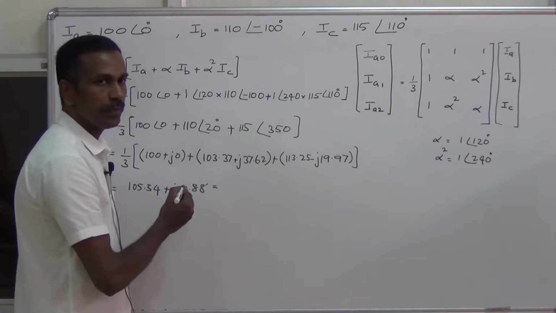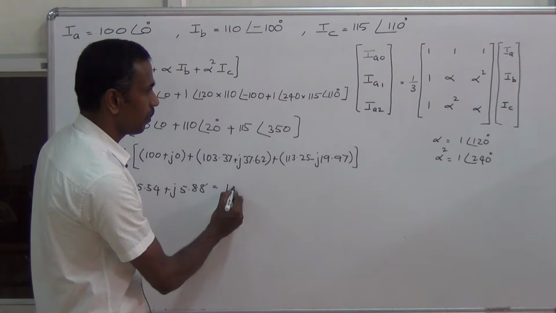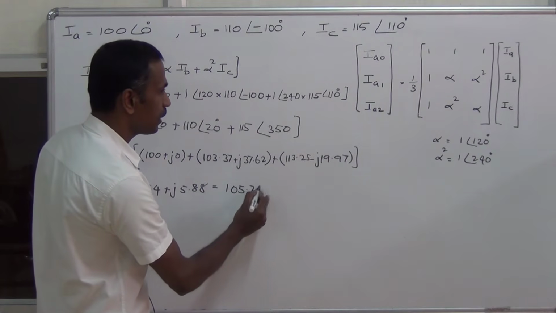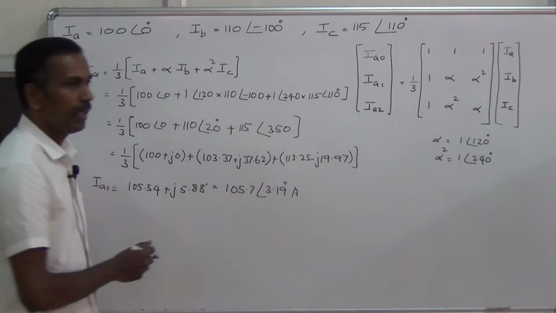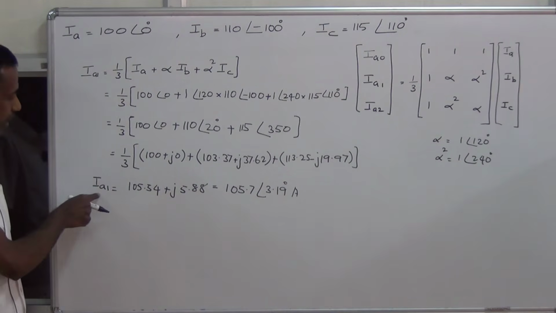In the polar form, this is equal to 105.7 angle 3.19 degrees. This is the positive sequence current in the A phase.